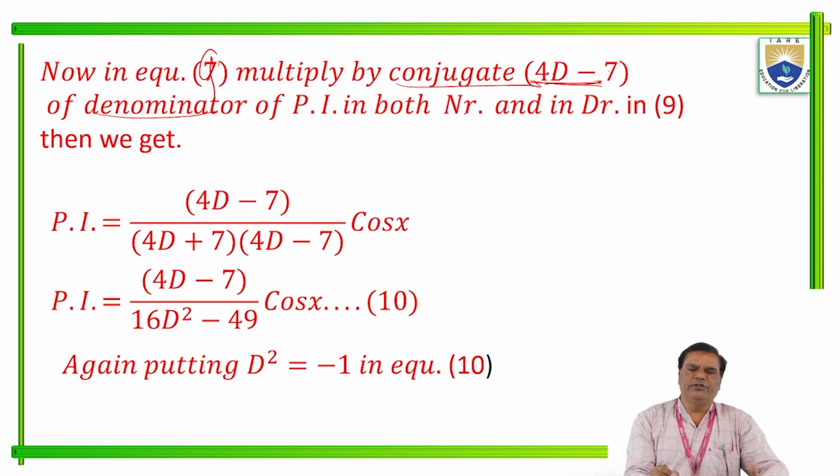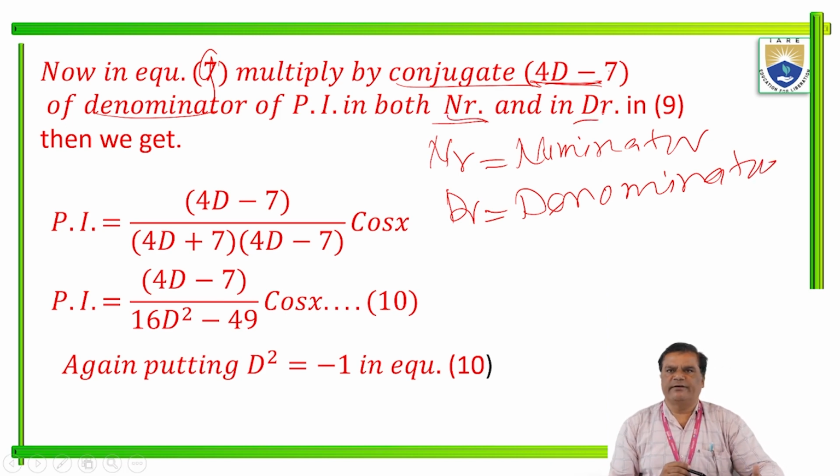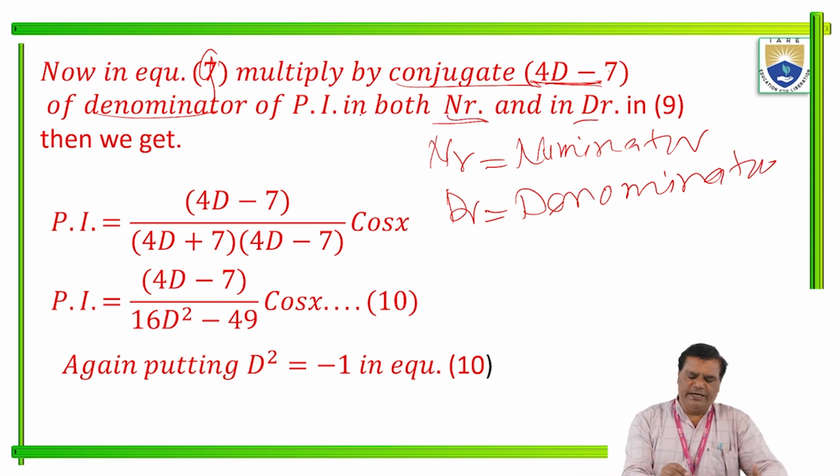Multiplying in both numerator and denominator of equation 9, where nr means numerator and dr means denominator, we get 4D minus 7 upon (4D plus 7)(4D minus 7) into cos x.